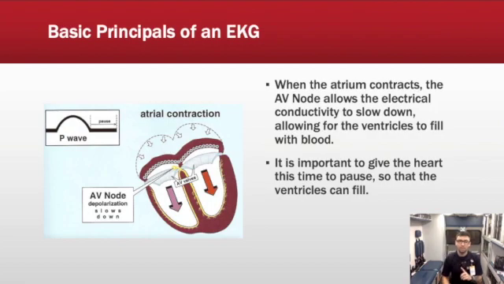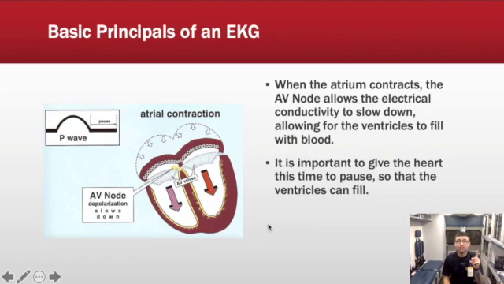The AV node here is slowing down this conduction just for maybe a second or 2 seconds, and then it's passing through. Okay, so very quickly the AV node slows it down, but it's allowing the ventricles to actually fill with blood so that the blood is not just sitting here.